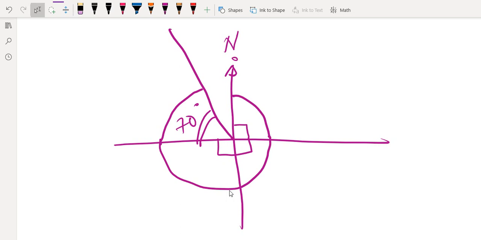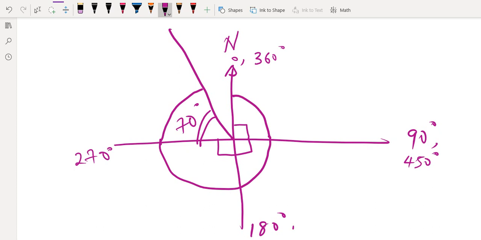So if this is 0, this represents what? 90 degrees. This represents what? 180 degrees. And this represents what? 270 degrees. Then when you turn to this place again, you now have what? 360 degrees. Then you can turn again, add 90 to 360, we get 450.